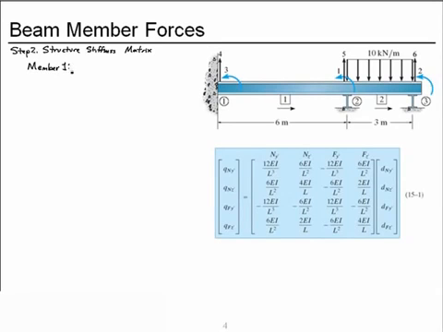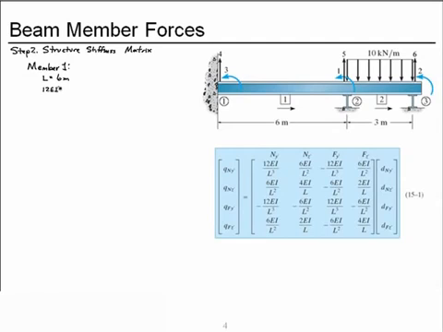And so we'll start with member 1. And the member stiffness matrix is given by this 4x4 matrix shown here in equation 15-1. Notice that there are a lot of repeated terms, so let's pre-calculate those. The length of our member is 6 meters.